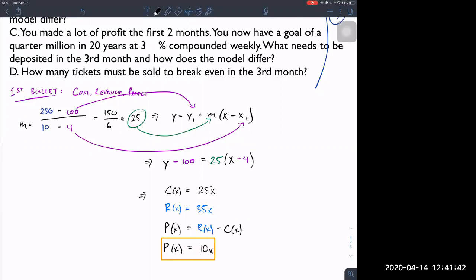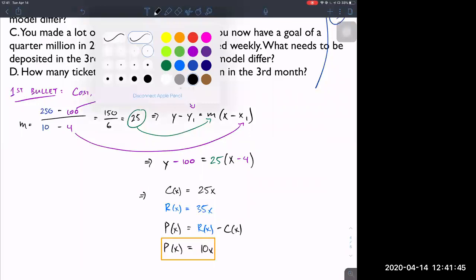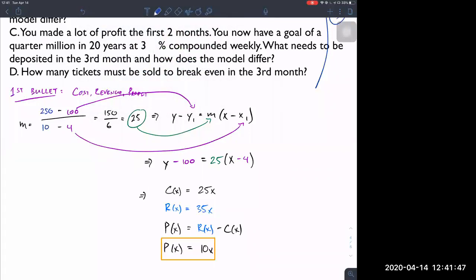For part C, you have a goal of $250,000 in 20 years at 3% compounded weekly, okay? And then it says what needs to be deposited in the third month, right? Here you should realize that this is also a single, one-time deposit.